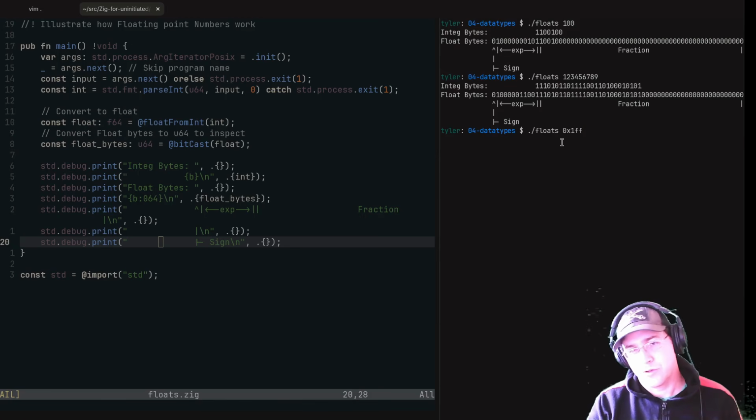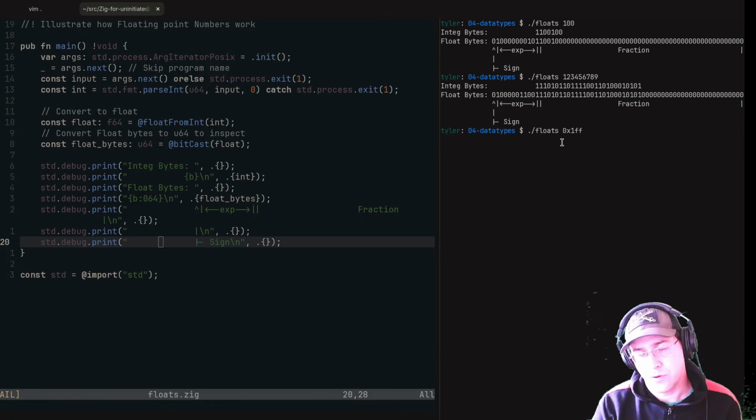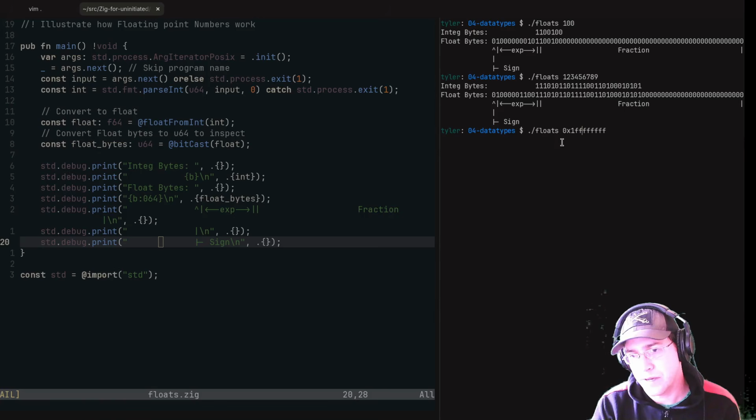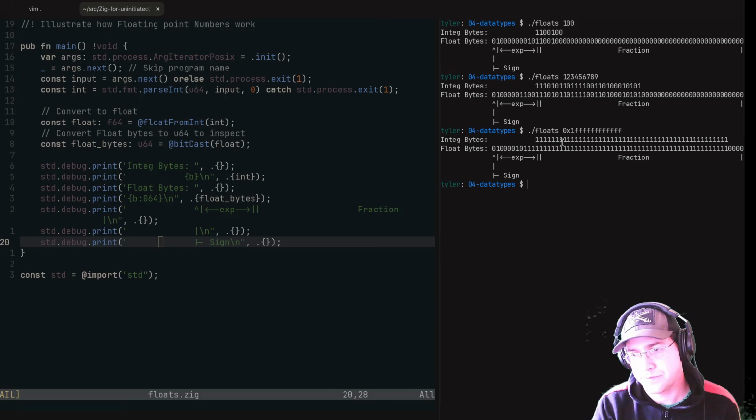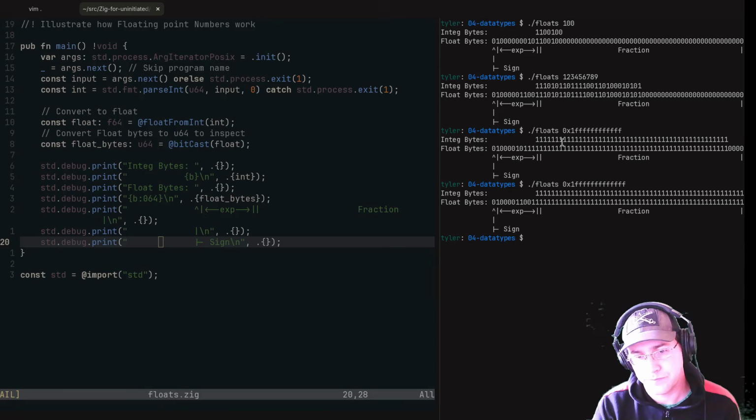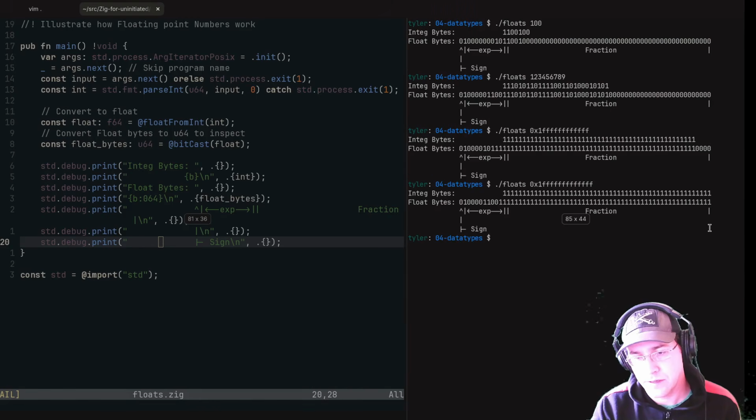Essentially, the maximum 24-bit floating point number is going to be 1 ff ff ff ff. Let's see, how many is that? 1, 2, 3, 4, 5, 6. Oh, I missed one. There we go. And you can see that this is the maximum integer that we have, and it is represented right here.